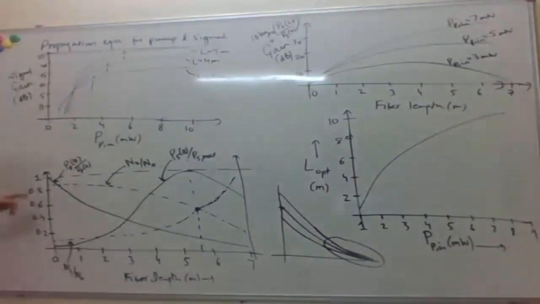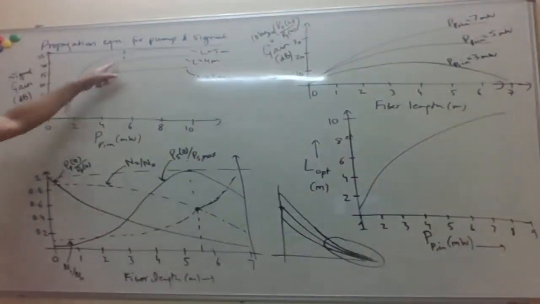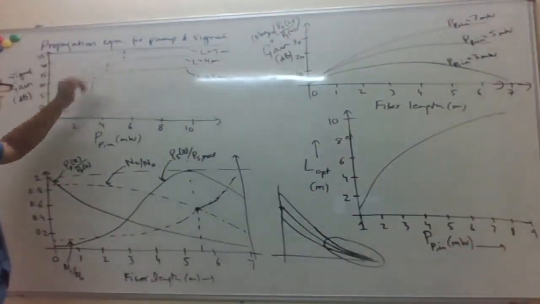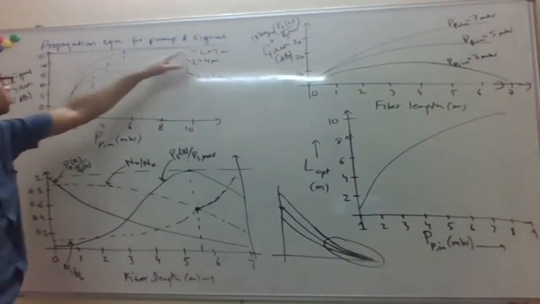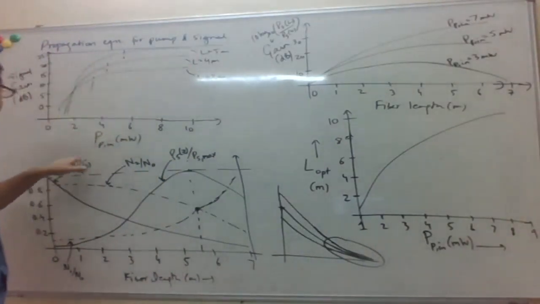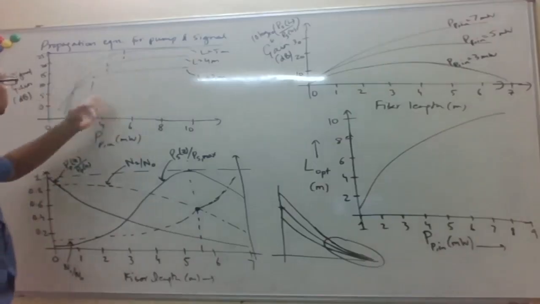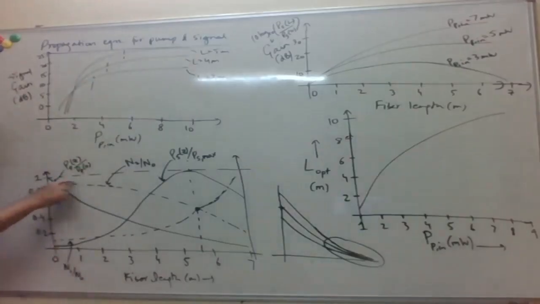You can see here, for example, let's take some 5 meter length. Once you reach a power of, let's say, 5 milliwatts or so, this population inversion level is already close to 100%.